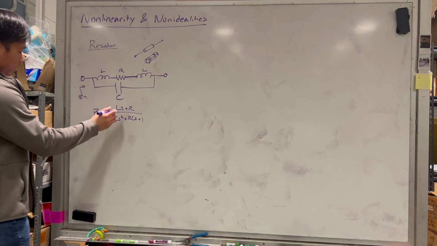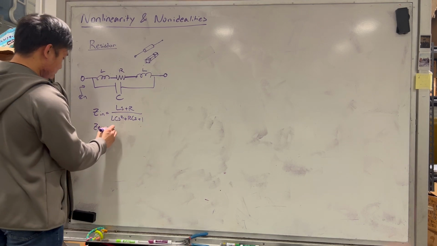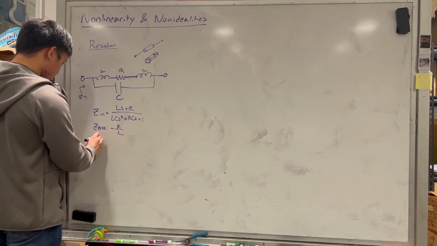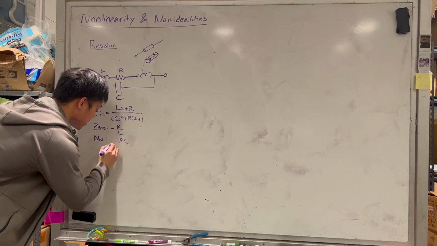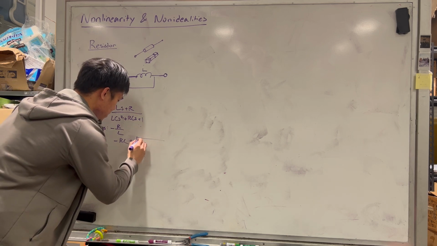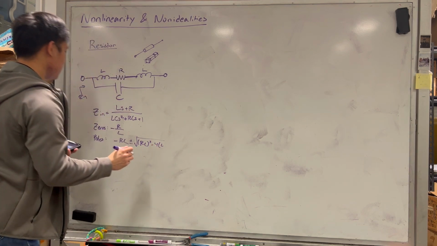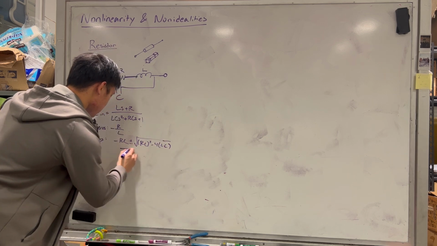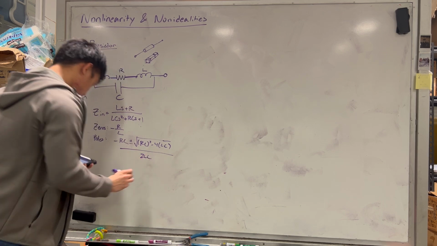By inspection from here, you can tell that the zero is going to happen at negative R over L, and the poles are equal to negative RC plus or minus the square root of RC squared minus 4LC, all over 2LC.